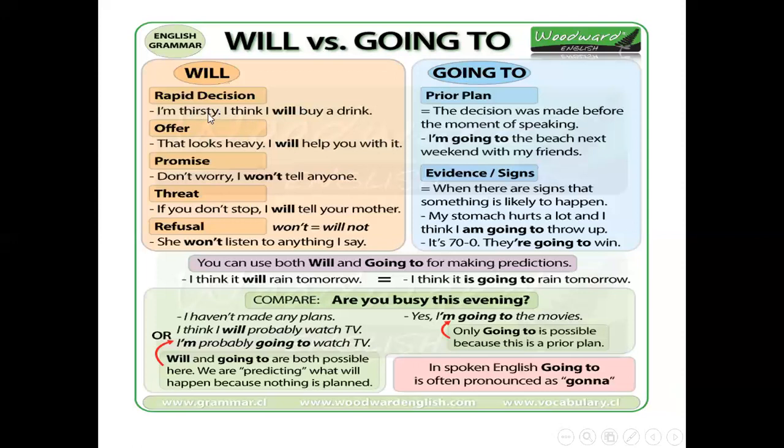We have another example. I am very hungry now. What should you do? Okay, I'll eat. I am hungry, so I think I'll eat some food. So this is the first situation in which I use will.